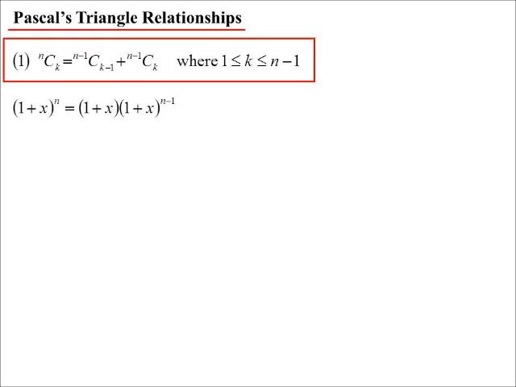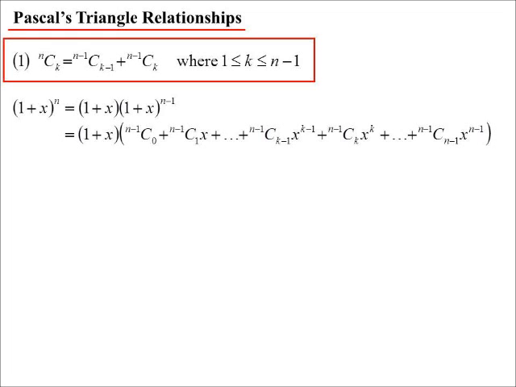Here is a proof, though, not using factorials. I've just gone, okay, well, (1 plus x) to the power of n would be (1 plus x) times (1 plus x) to the power of n minus 1. So I've expanded out the (1 plus x) to the n minus 1. And then what I'm saying is, well, I just want to find the coefficient of x to the power of k. So on the left-hand side, well, it's just nCk, x to the power of k.